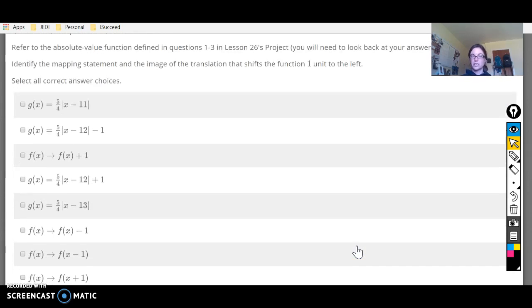If you will recall, we ended up with f(x) equal to 5/4 times |x minus 12|, and our k value there was 0.